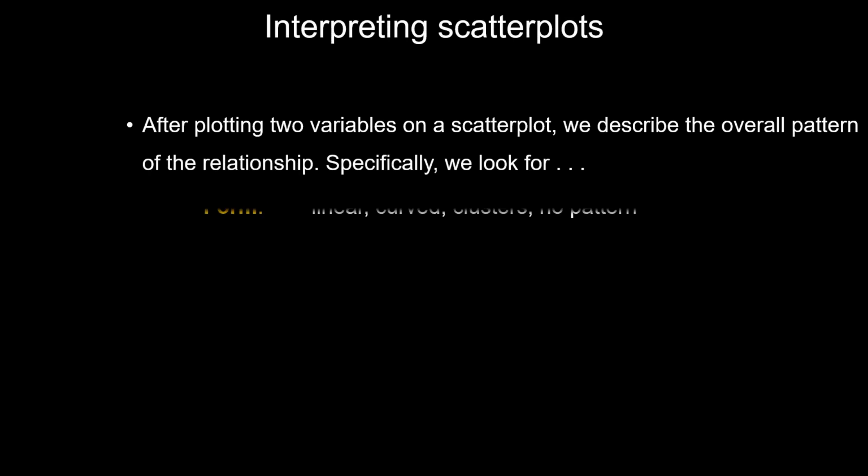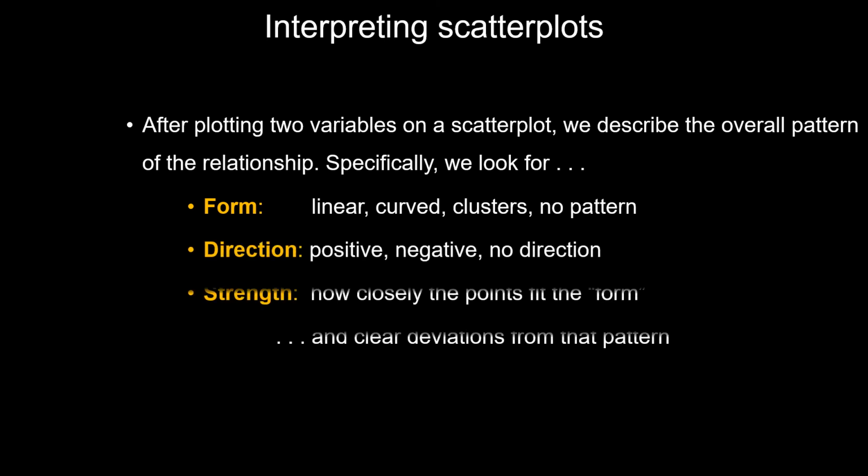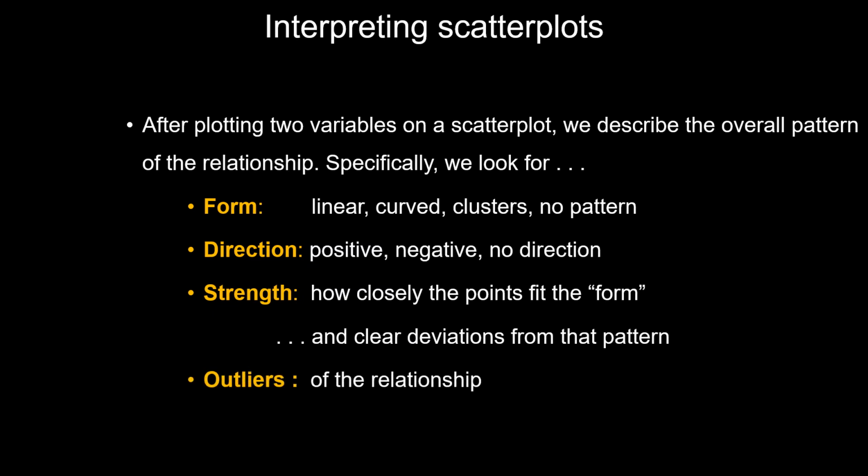Now, in order to interpret the scatter plot, after plotting two variables on a scatter plot, we describe the overall pattern of the relationship based on the form, the direction, the strength, and also the outlier. When we talk about the form, you can have linear scatter plots, curved, clustered, or no pattern at all.